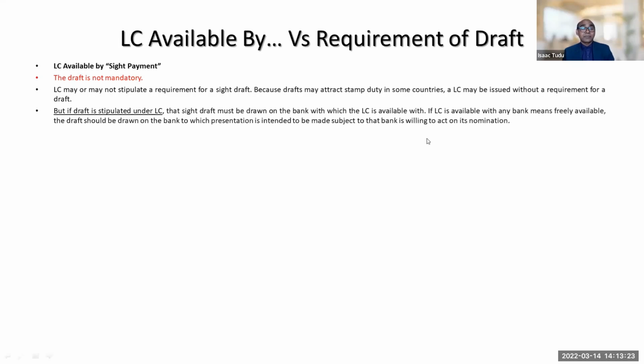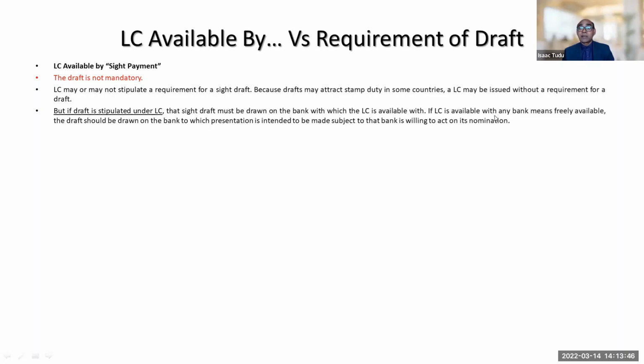But in case a draft is stipulated under the LC, that sight draft must be drawn on the bank with which the LC is available. If the LC is available with nominated bank XYZ, the sight draft is to be drawn on XYZ bank.